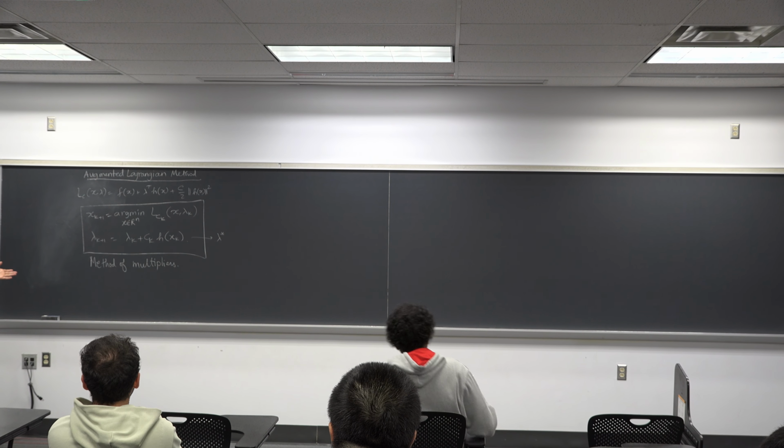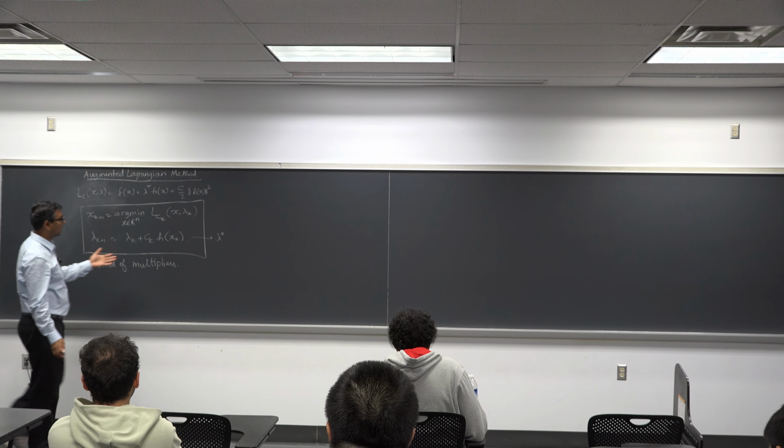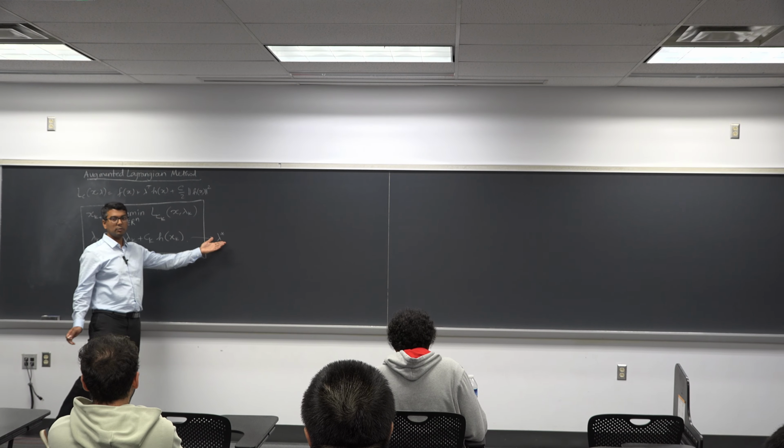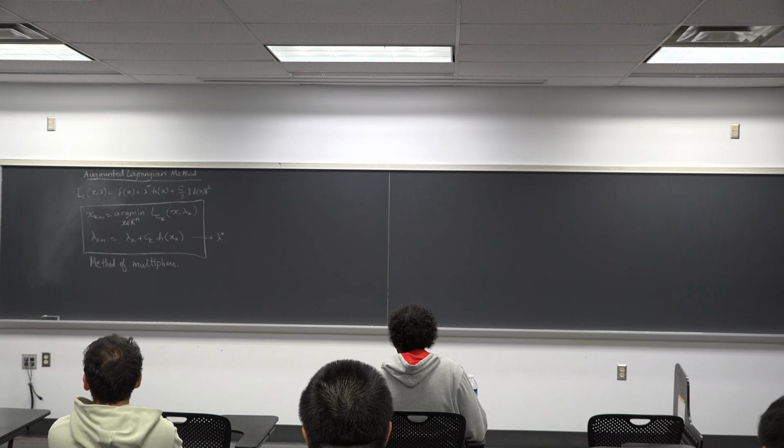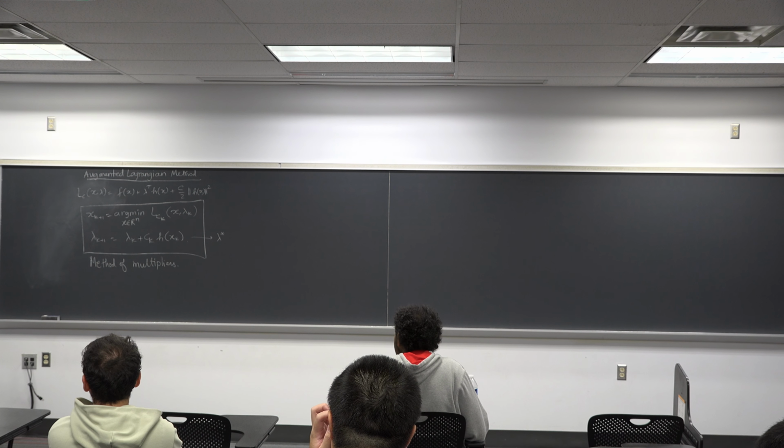In most of the applications you might be interested in, most likely this lambda star would be the Lagrange multiplier for the specific problem. This method of multipliers was extremely famous from 2010 to 2018 or so for a variety of reasons.